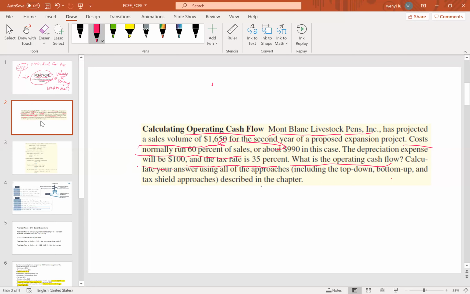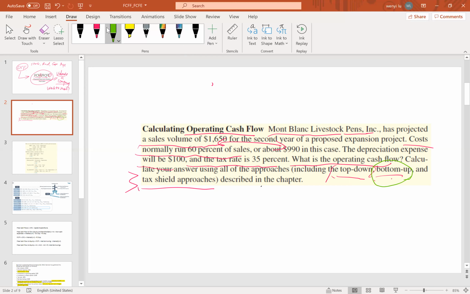To solve operating cash flow, there are different approaches: for example, the top-down approach, the bottom-up approach, and the tax shield approach. In last class, when we used capital budgeting projects, we chose the bottom-up approach.